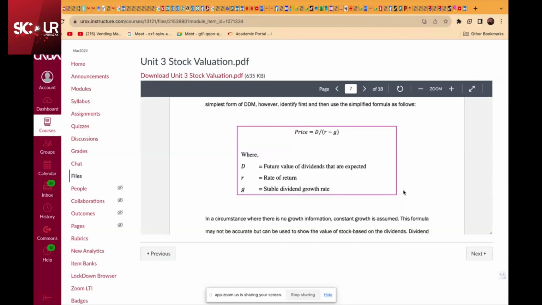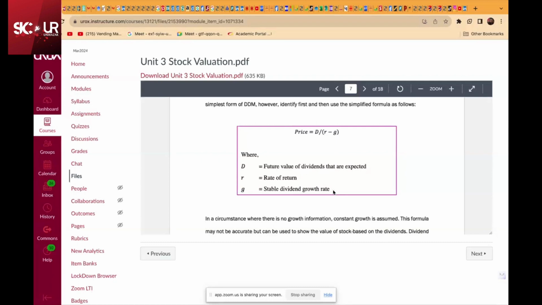So this is the price of share. The price of share is determined by the future value of dividend divided by R minus G. R is the rate of return, which is the interest rate or the cost of capital, and G is the growth rate or the stable rate of growth of dividend.